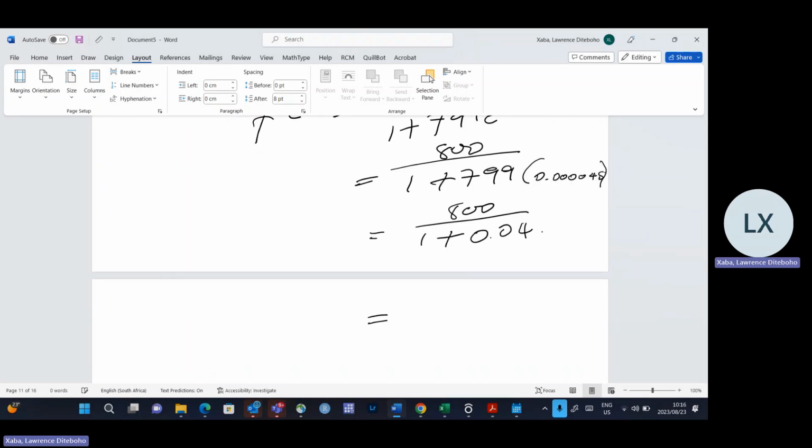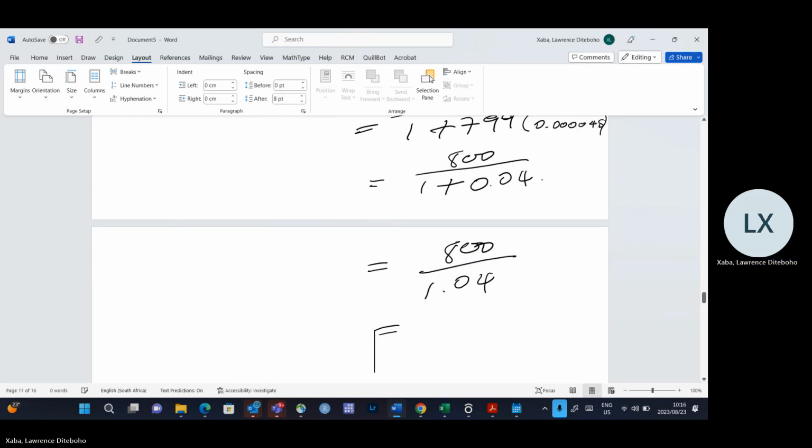Then 800 divided by 1.004, then 800 divided by 1.04.